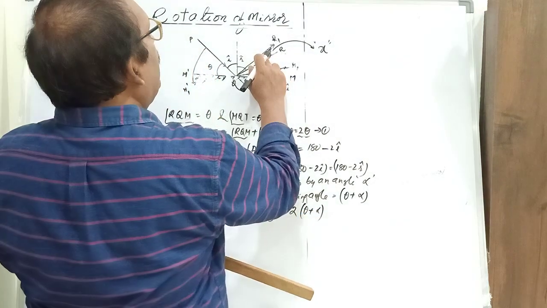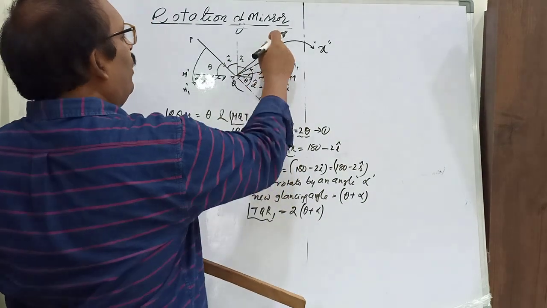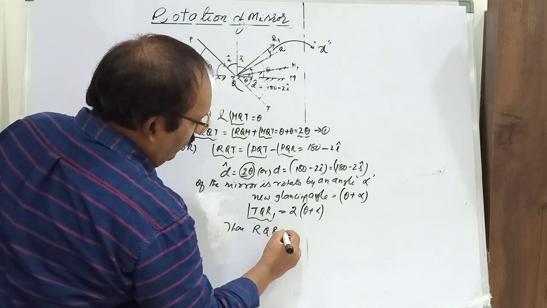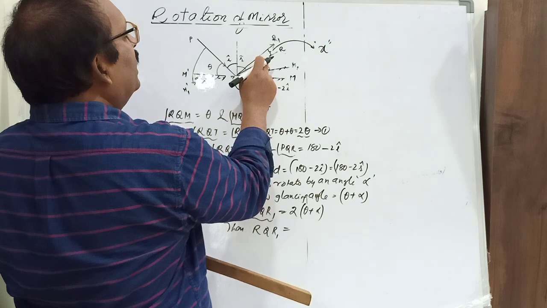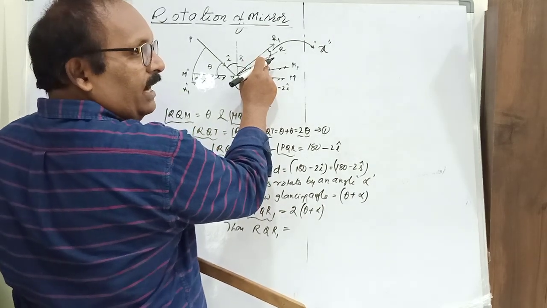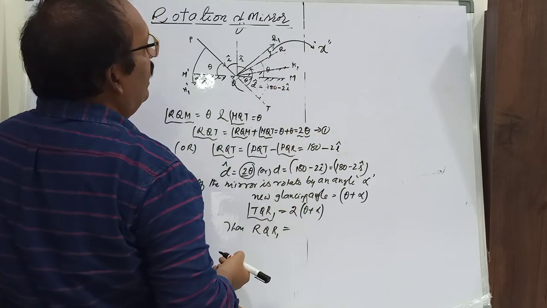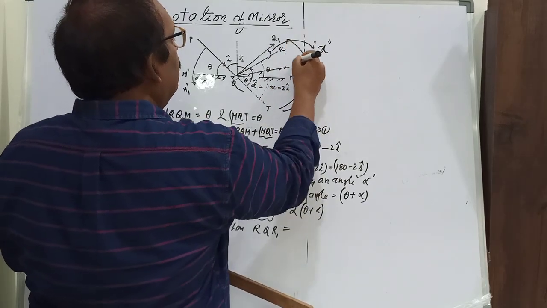Now what is the angle through which the reflected light ray is rotated? That is RQR1, which is X. What is the value of X? This total angle minus this angle.